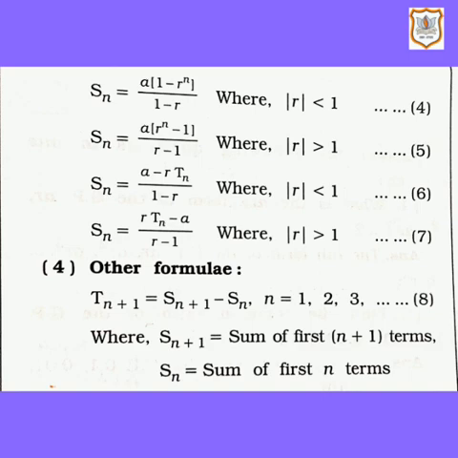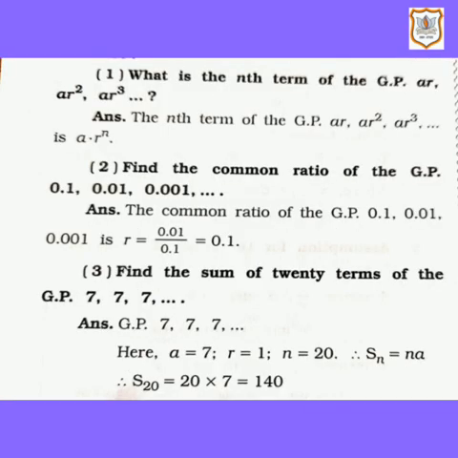Now let's have a look at some short sums from section B. These are the short sums. Let's start. First: what is the nth term of the GP AR, AR square, AR cube, and so on? GP means geometric progression.